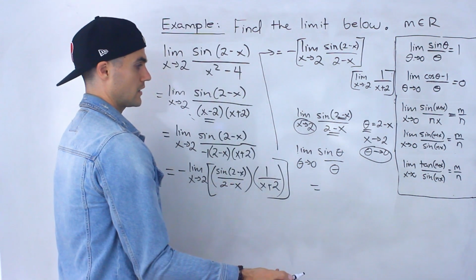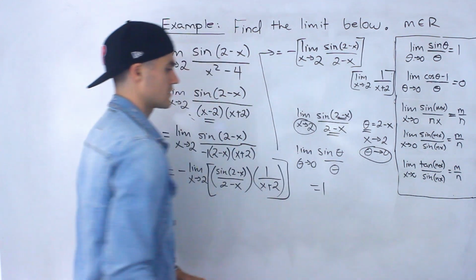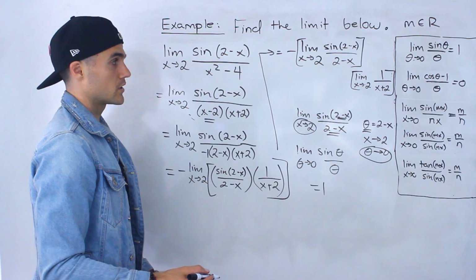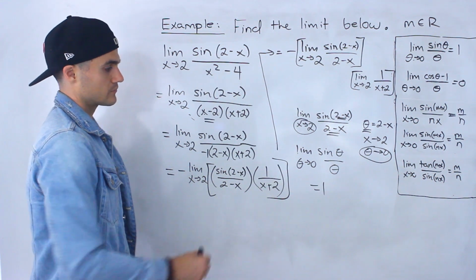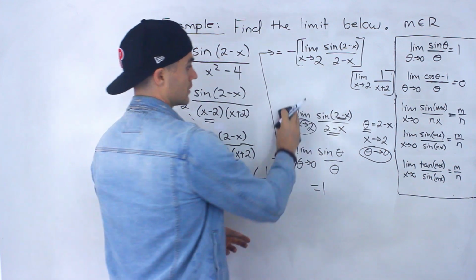What does that equal? That equals 1, using that fundamental trig limit property. So this bracket just ends up equaling 1.